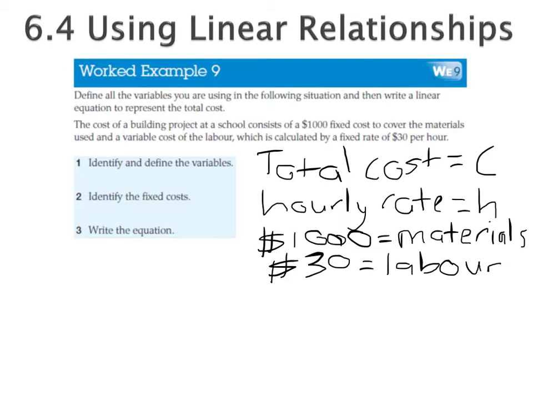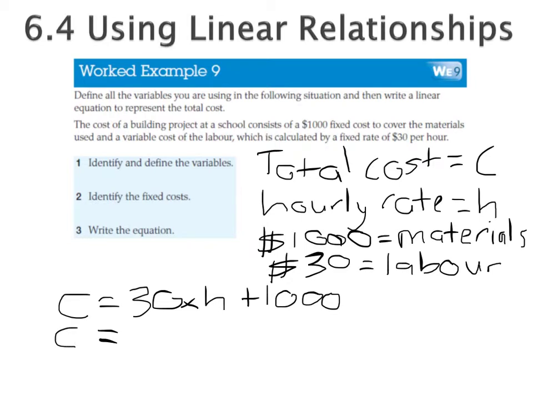So obviously we've got the total cost at the end, then the cost for an hour times by the amount of hours plus the $1,000 fixed rate is what we're doing here. So I can simplify that because I don't need to put a times by between the 30 and the h, because we know that if I just write 30h, that means times by h plus 1,000, and that is how I complete that question there.